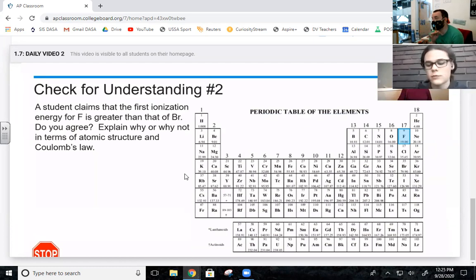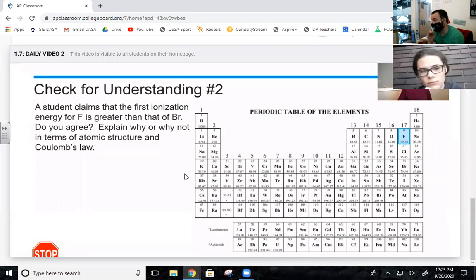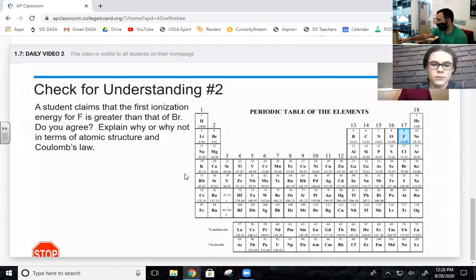So this is a kind of question that you might see on the AP exam. Okay? And you will need to say, Coulomb's law states this, right? As the distance between the particles increases, the attraction decreases by the square. It is an inverse square law.